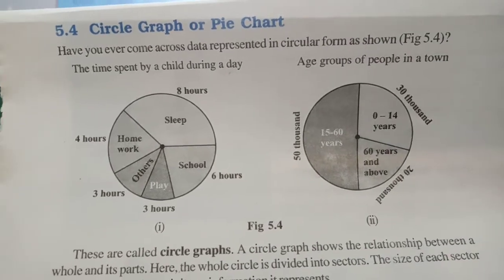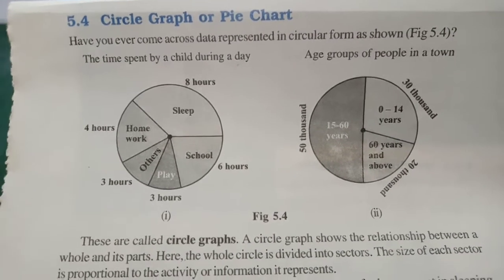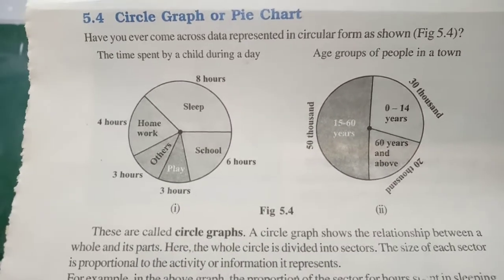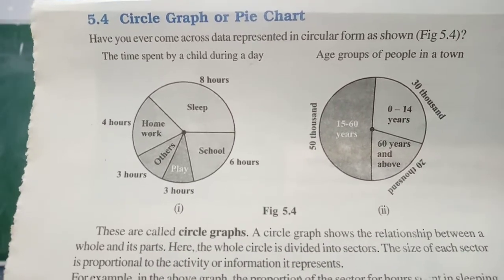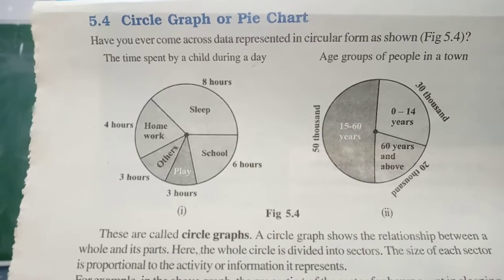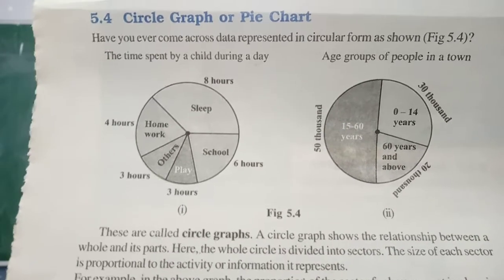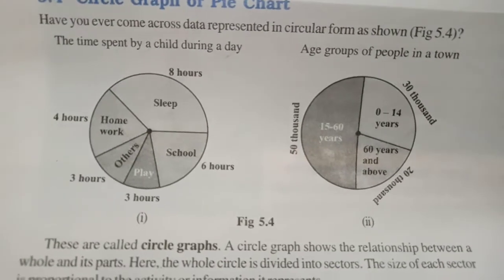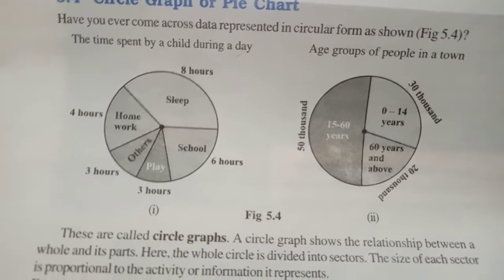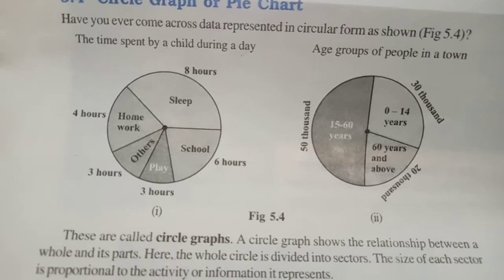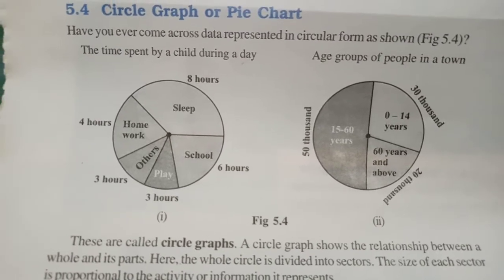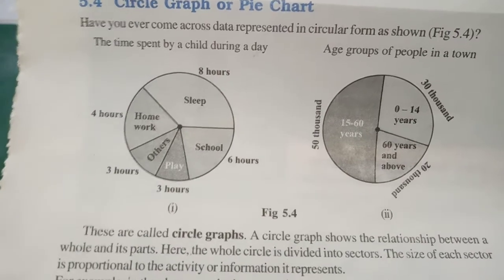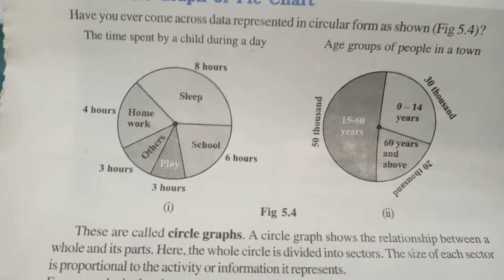Now this is a circle graph or pie chart. A circle graph represents the whole data and its related parts. We divide the data into sectors by using angles. The total angle in a circle is 360 degrees, so the total circle is divided based on the given information. This is how we represent a circle graph or pie chart, which we discussed in earlier classes.